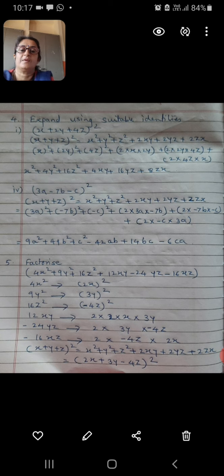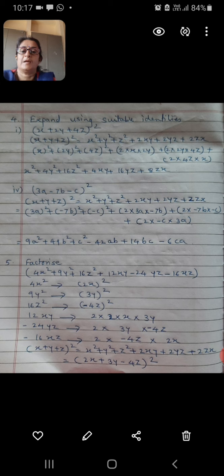So simplify it, you will get x square plus 4y square plus 16z square plus 4xy plus 16yz plus 8zx.